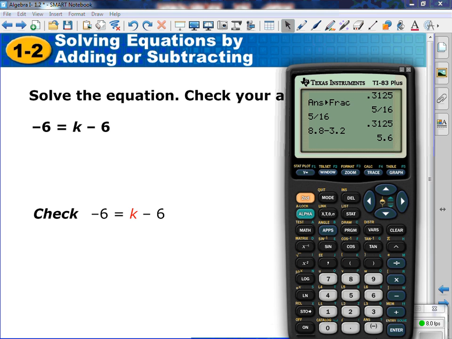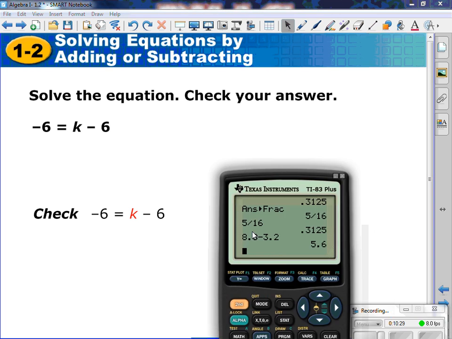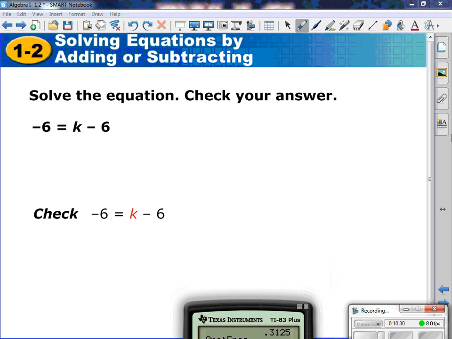Try this one. Draw my wall. What side's the variable on? Right-hand side. What else is over there with that variable? Negative 6. How do I get rid of a negative 6?